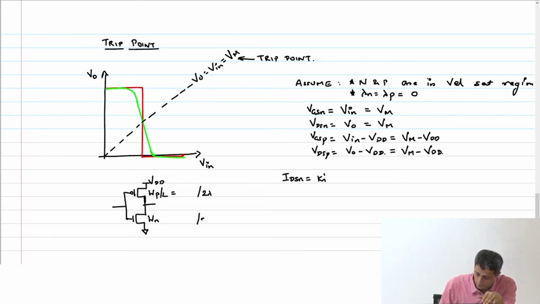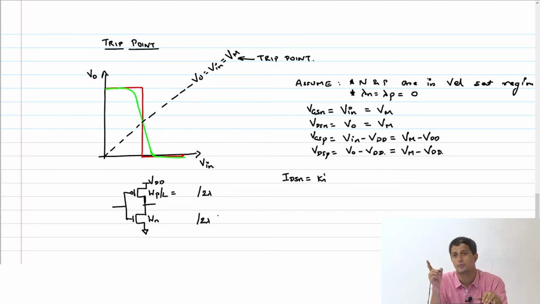This is different from the channel length modulation lambda parameter. This is a technology parameter. So if you are in a particular technology, 180 nanometer, that means the channel length is 180 nanometer, 2 lambda is equal to 180 nanometer. So for 180 nanometer technology, lambda is 90 nanometer. For 90 nanometer, lambda is 45 nanometer.